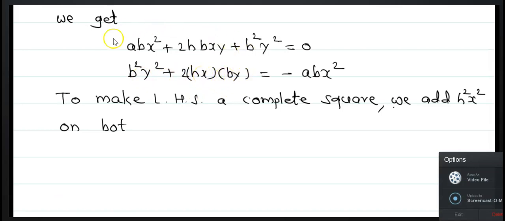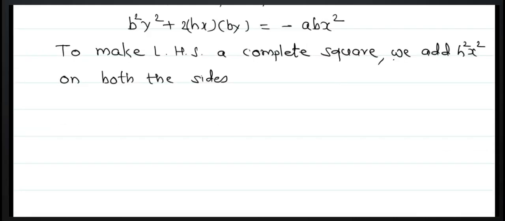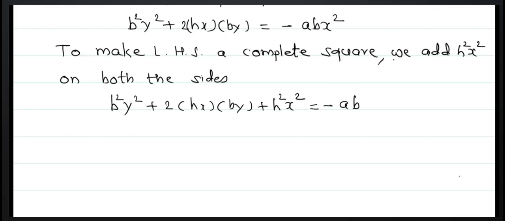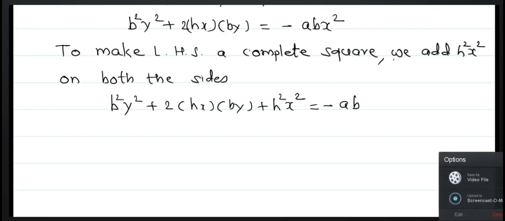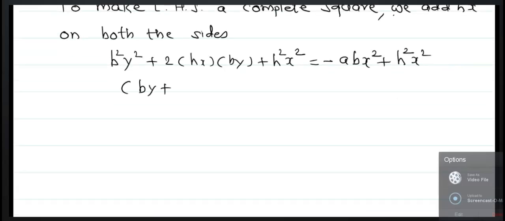That's why, to make the complete square, h square x square must be added on the left hand side and on both sides. That is b square y square plus 2hx into by plus h square x square is equal to minus abx square plus h square x square.